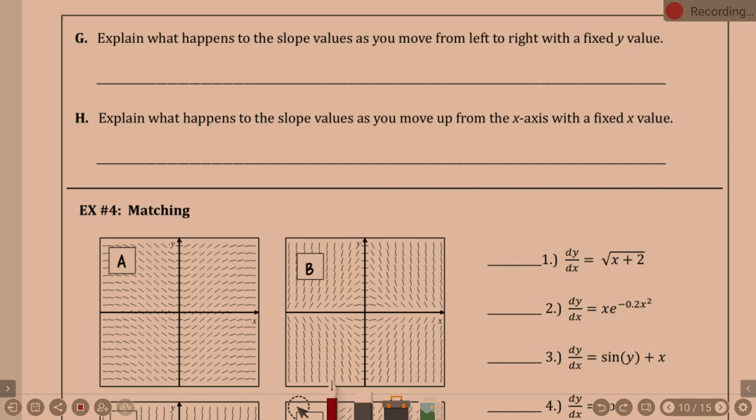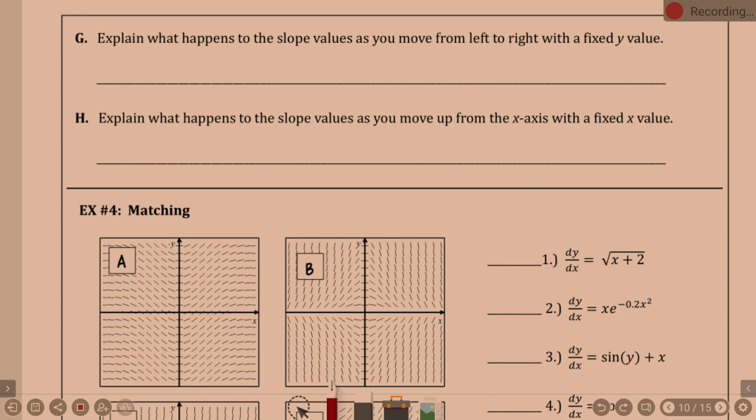If your y value starts positive, then dy/dx is going to decrease is what's going to end up happening. I'm trying to think of the best way to explain this. Is it like an inverse relationship?